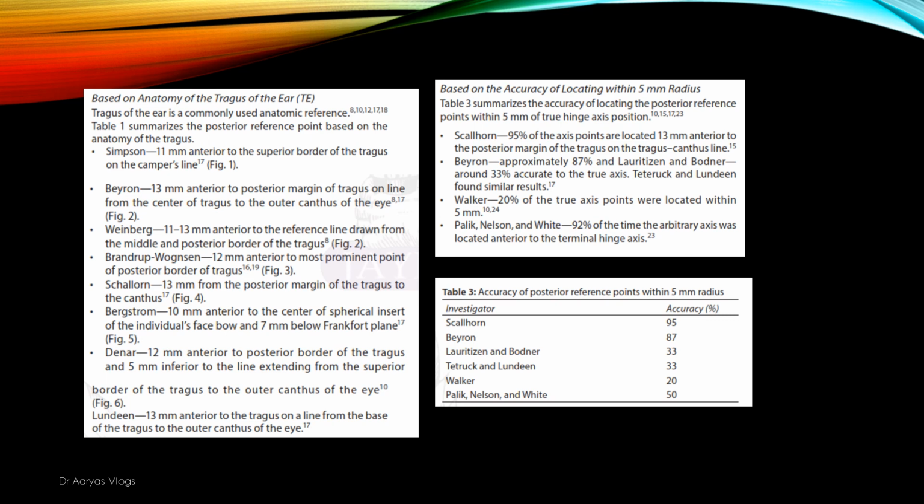Okay. Bayern, approximately 87%. Lauritsen and Brodner, around 33%. Tetrek and Lundin found similar results, also 33%. Then Walker, it is 20%. And Pallet, Nelson and White, 50%.